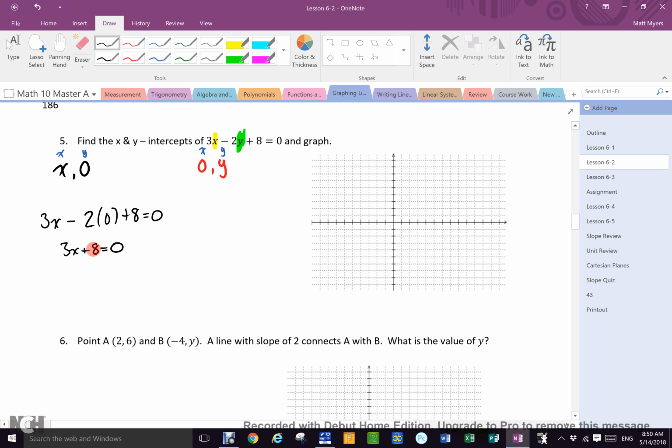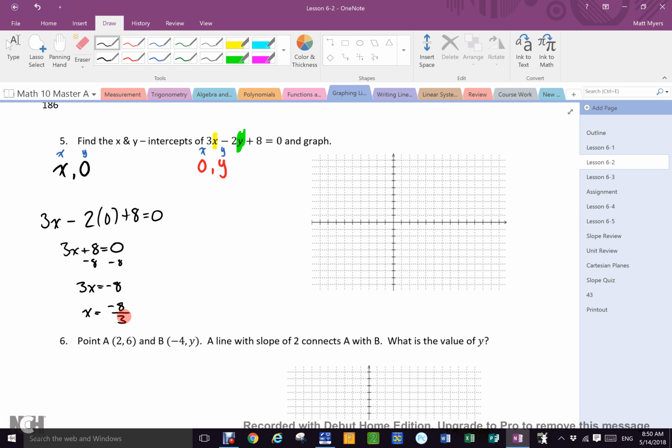What do I got to do with that 8? I got a minus 8. Where else? Other side. 3x equals negative 8. What does x equal? Negative 8 over 3. Can everybody do that algebra?